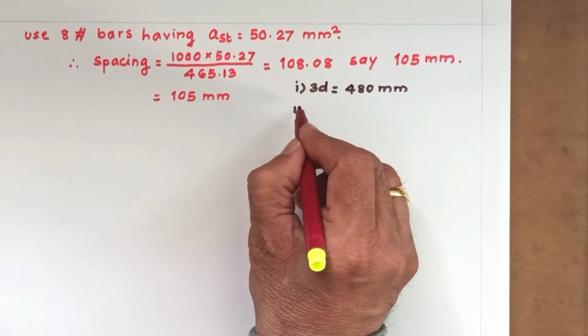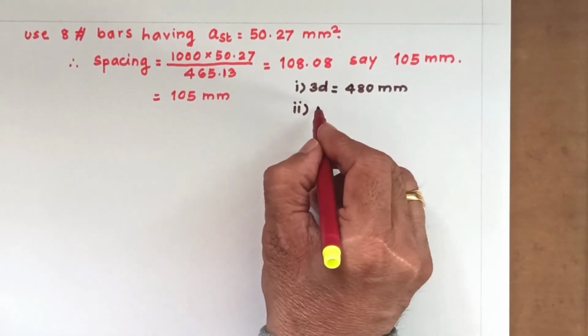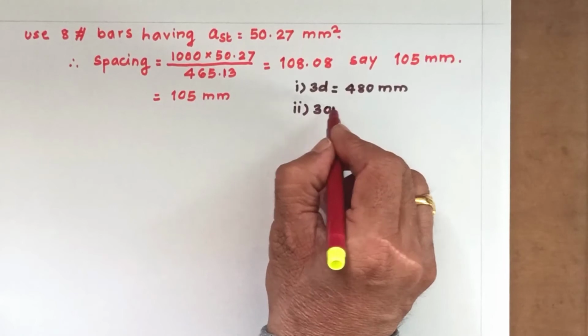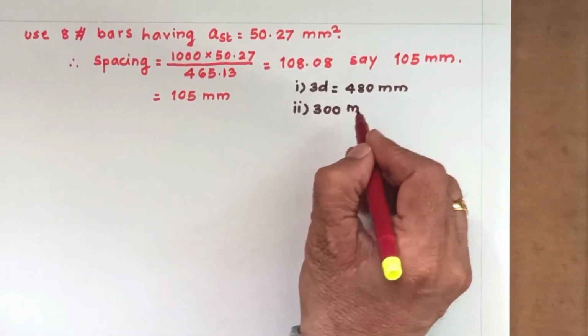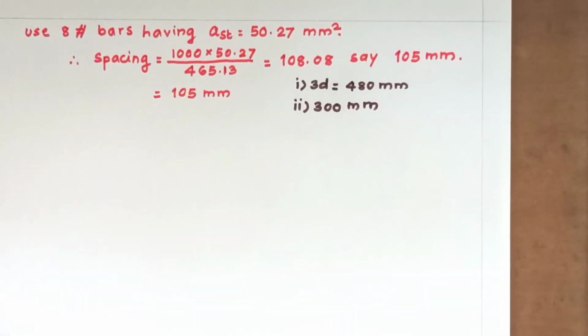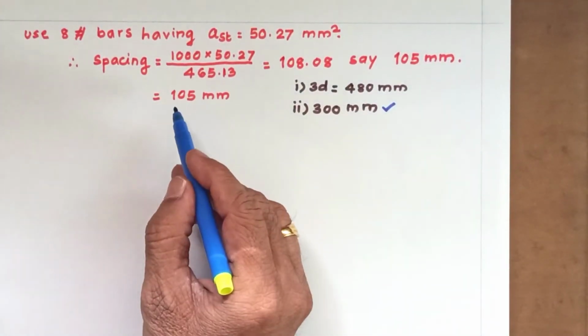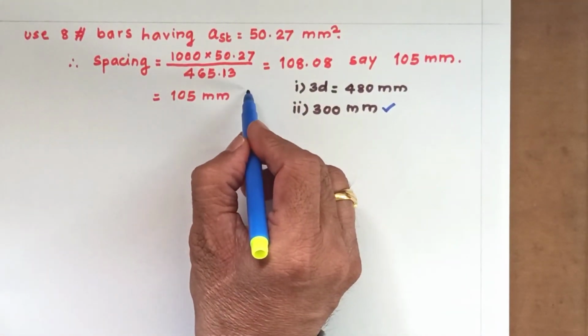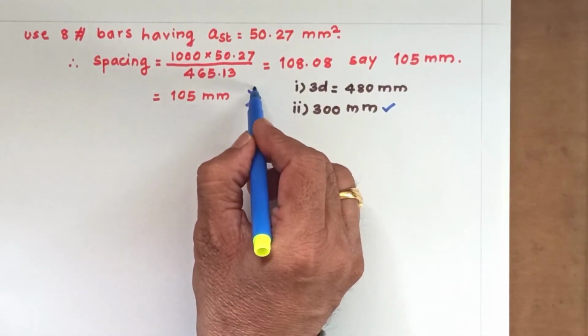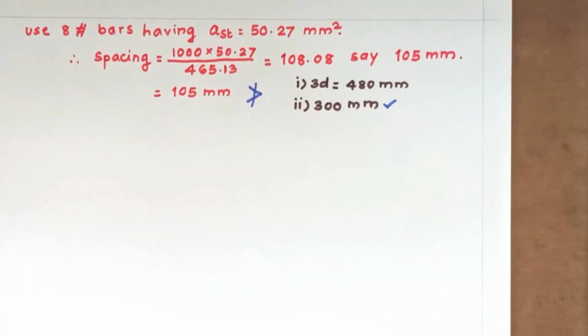And second is 300 mm. Whichever is less. So out of these two, this is less, and our spacing is not greater than 300.